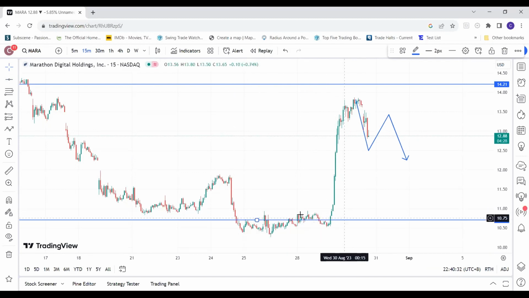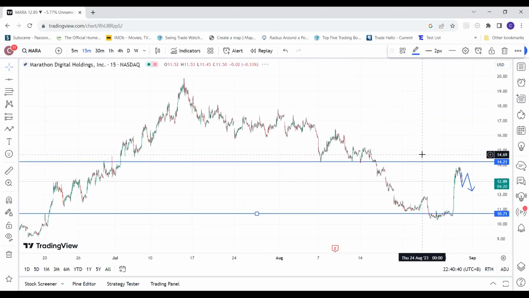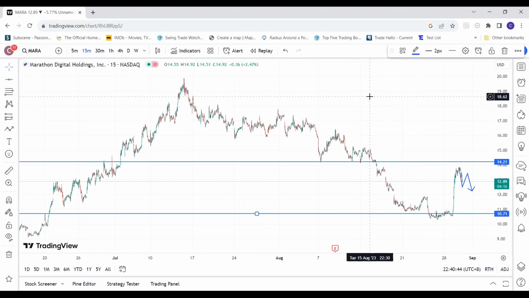When it taps back into this area again, you have to see how price is going to move first before you can make any decision. But generally, I believe any counters related to crypto have good upside potential.